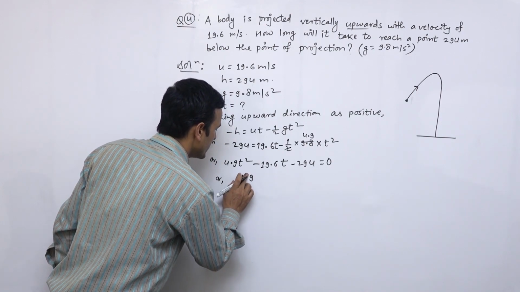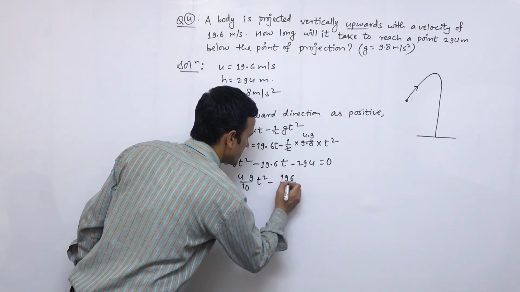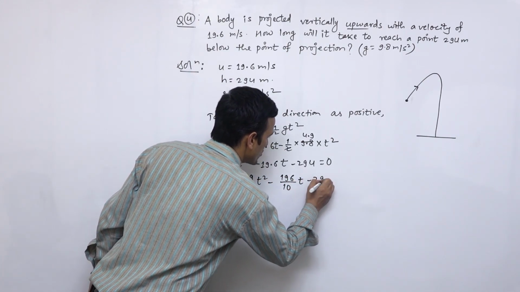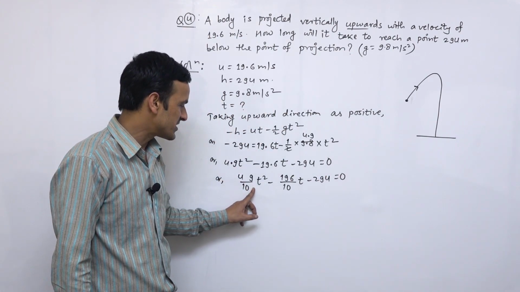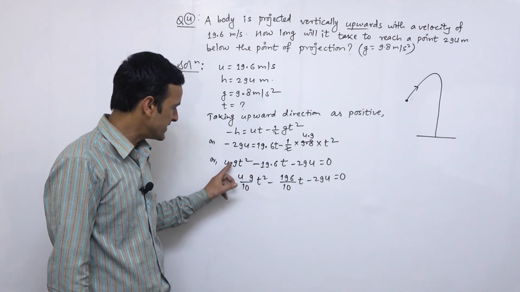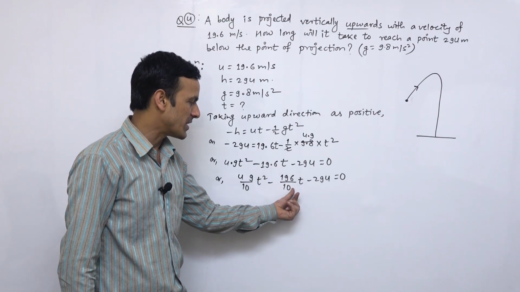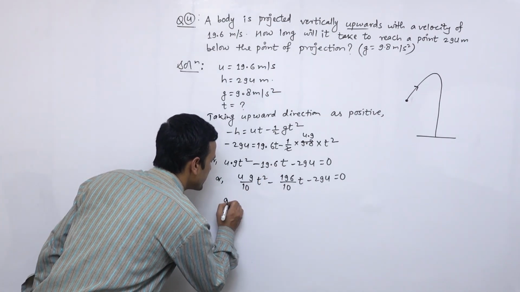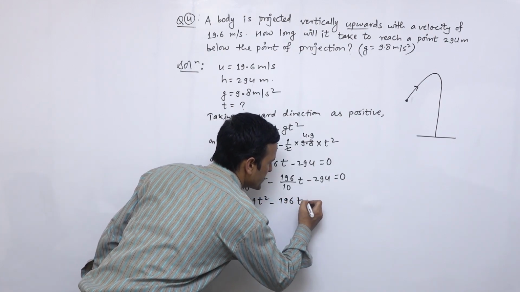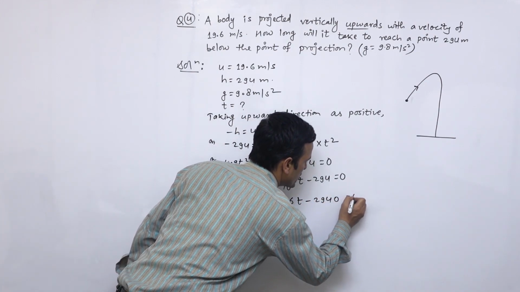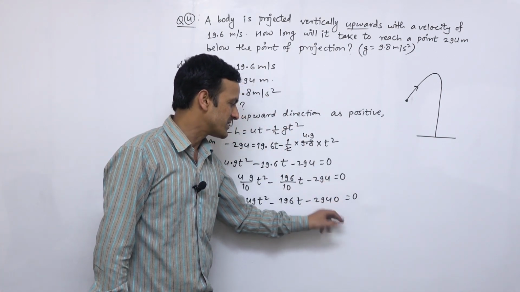So it will be 49 by 10 t square minus 196 by 10 t minus 294 is equal to 0. After the decimal we have only one digit, so put 10. Here is also 10. And if you take the LCM 10, then it will be 49 t square minus 196 t minus 2940 is equal to 0. So this 10 is taken as LCM and 10 into 294 means this one.